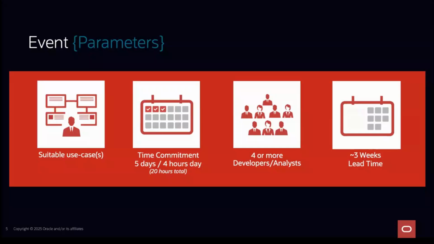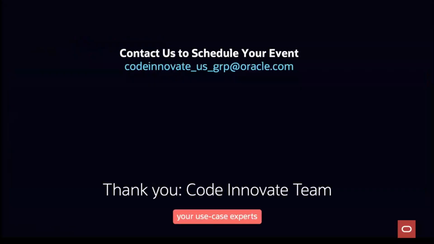But beyond that, I just appreciate you all being here today and taking some time to listen to my presentation. If this program sounds like something you're interested in exploring and that might be a fit for the use case you have in mind, there are several different ways for you to get in touch with us. You can send us an email using the address on the screen, codeinnovate_us_grp@oracle.com.